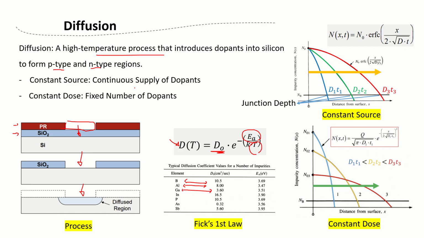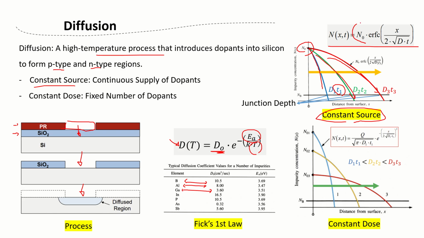And there are two boundary conditions, including constant source, which is a continuous supply of dopant. As we can see here, constant source. The surface concentration will be constant, and if we keep increasing the time, the distance from the surface reached by the dopants will increase. So here is the equation for it.